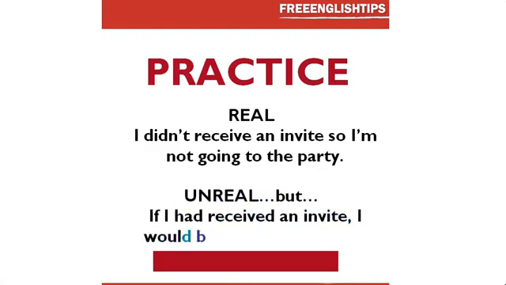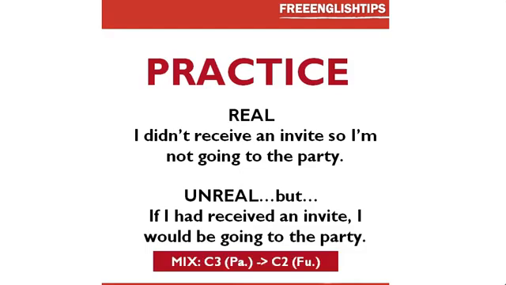But if I had received an invite, I would be going to the party. Be careful here that the verb to be is hidden in the sentence, so I am. The verb is am going to the party. This is quite tricky. If I had received an invite, I would be going to the party is mixing condition 3 in the past with condition 2 in the future.